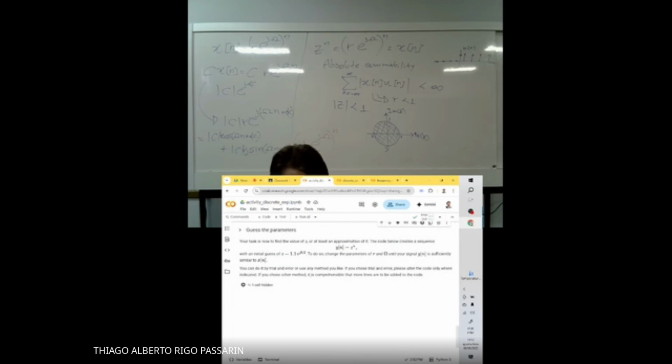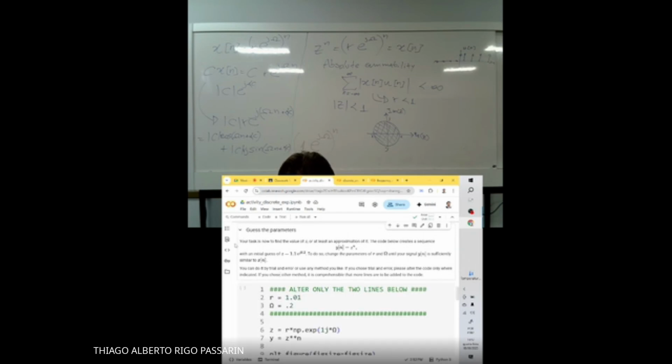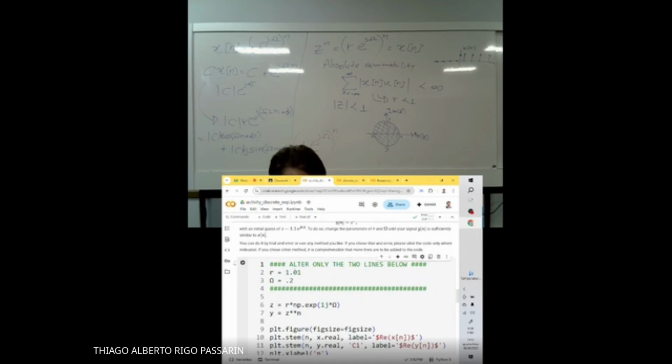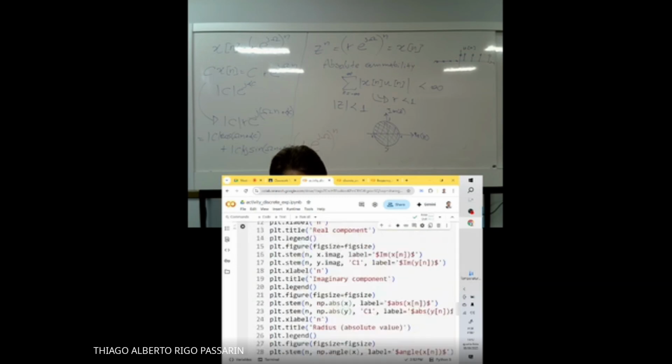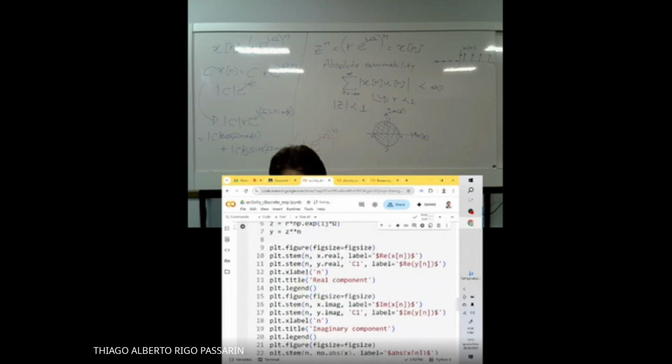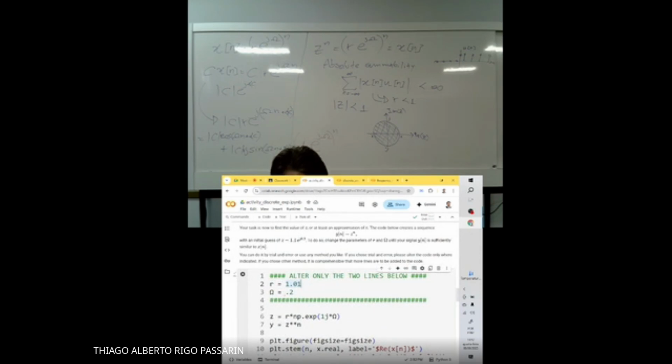Guess the parameters. Guess what's z. I think I've put an example here where I try r equals 1.01 and omega equals 0.2.